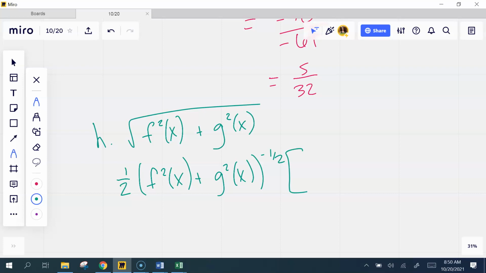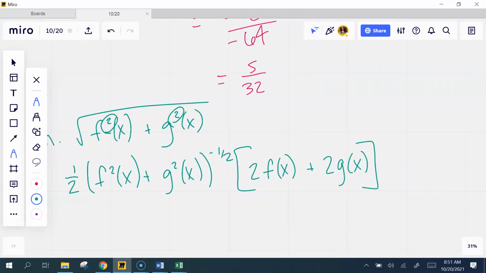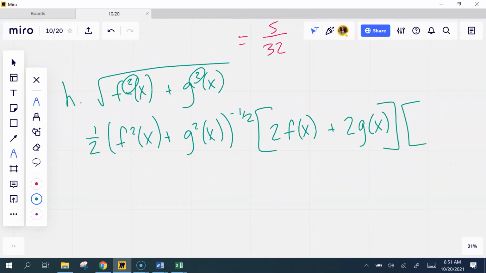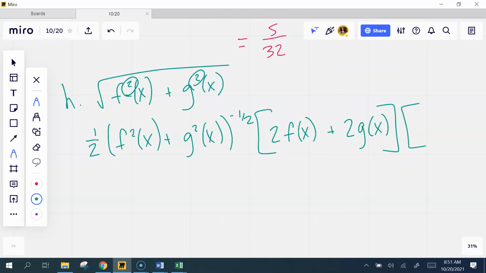So this is, again, power rule, right? So 2f of x plus 2g of x, they're just one, so it doesn't matter. You don't even gotta do power rule. Actually, let me write it this way so you can see.